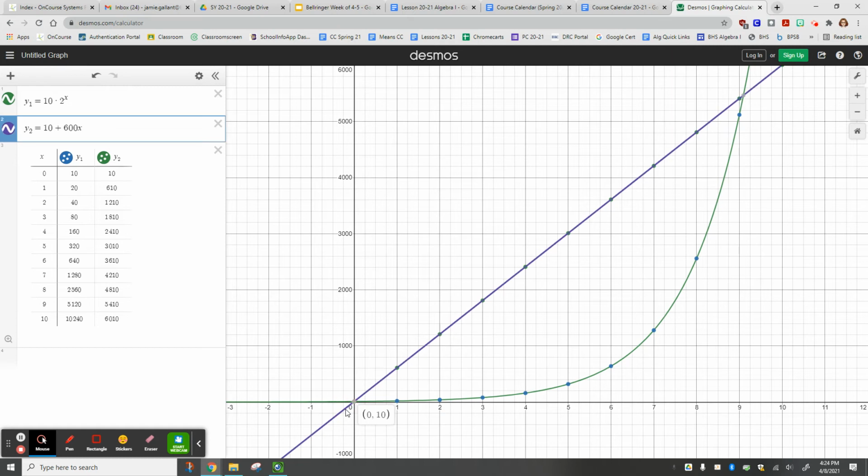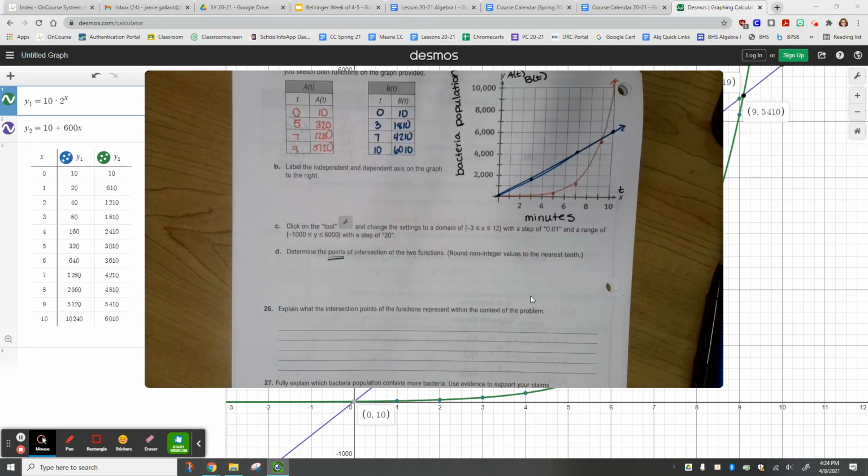So if I look, I should have one here at 0, 10. And I should have one here at 9.095466. All right, so I've got 2 points of intersection.